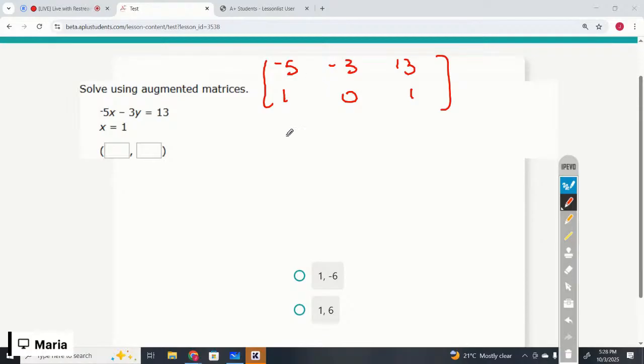First thing we need to do is interchange the rows, because the 1, 0, 1 goes on top, then negative 5, negative 3 and 13. Now we need to make 0 here.